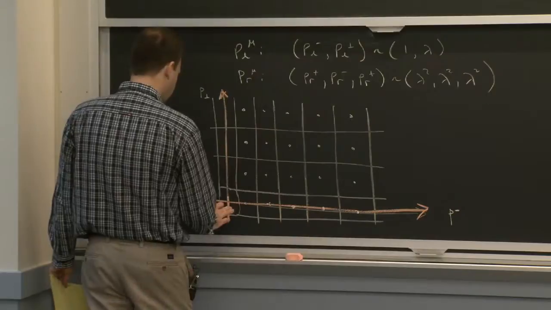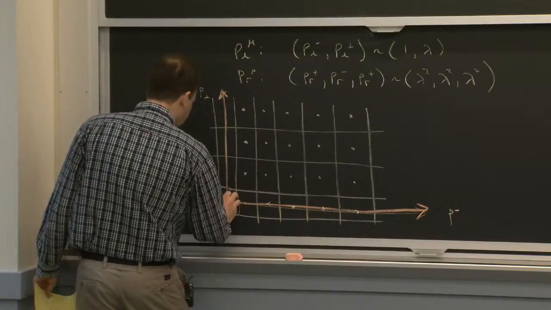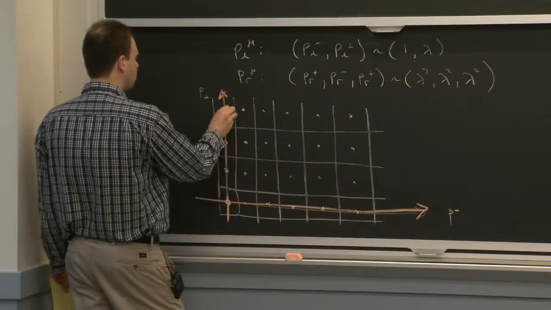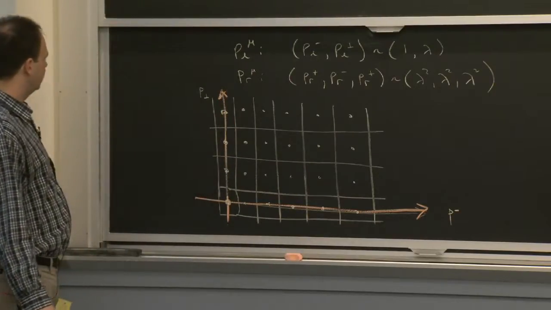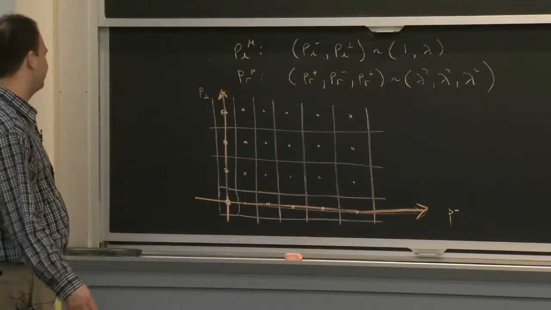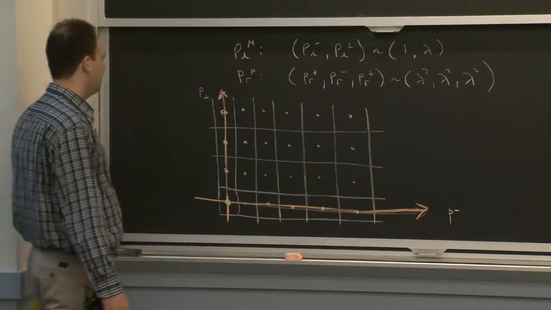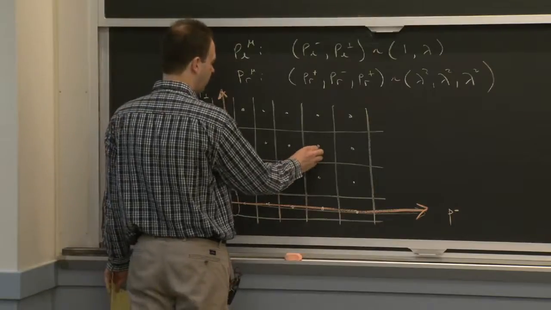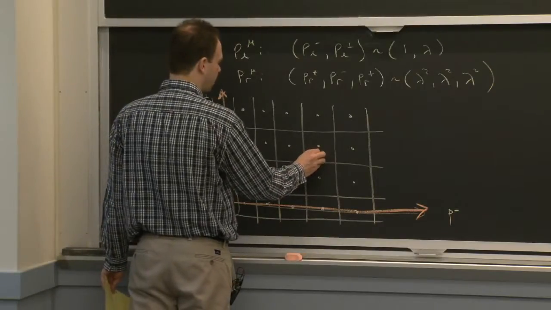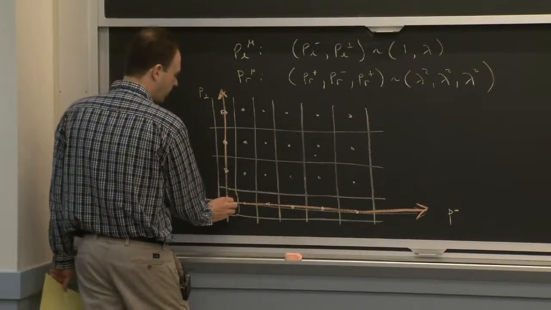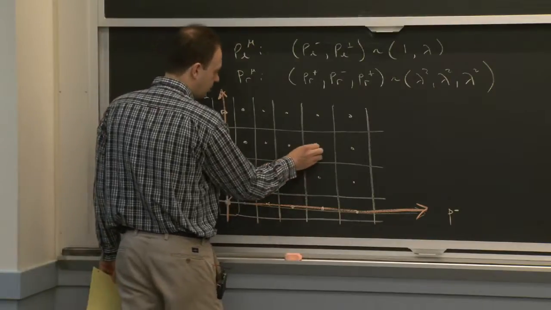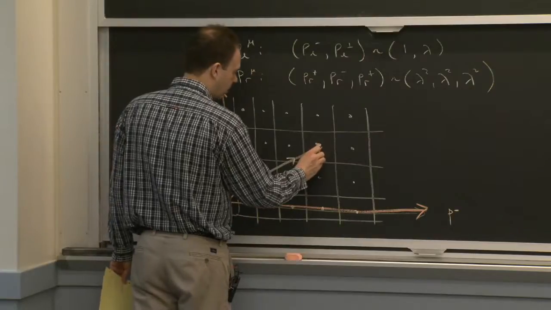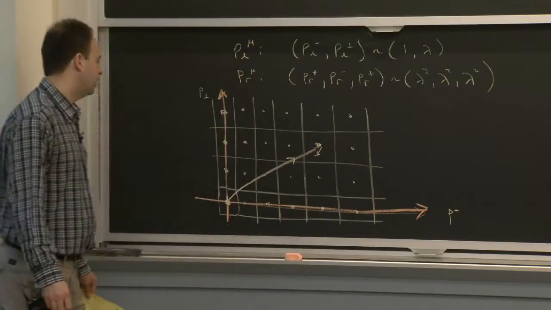My squares are not the same size, but they roughly should be. Then we can think about it like this: if we specify some momentum in the space, let's say a momentum that points to this point right here, the way that I can point to that point is I take one vector that points to the center, and then I take another small vector that points to that point.